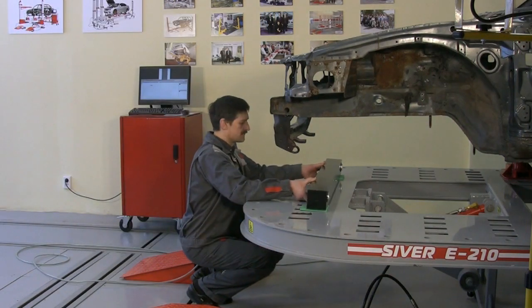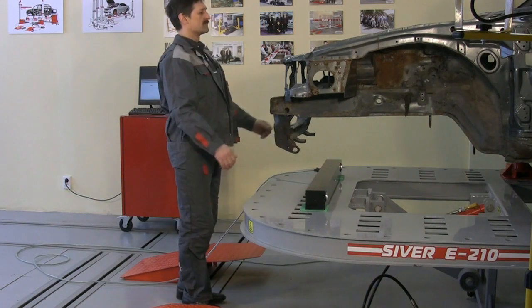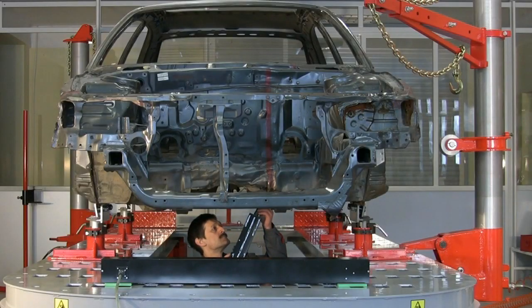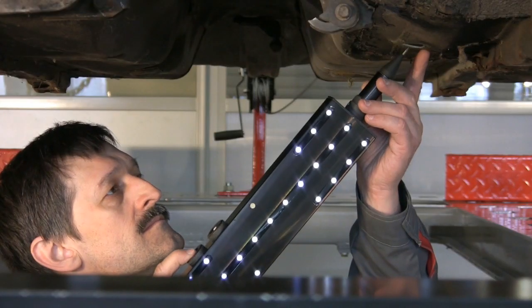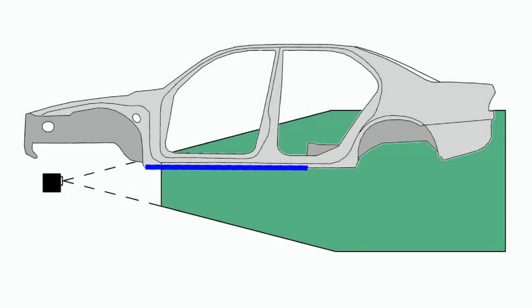First of all, let's position the measuring beam on the platform under the vehicle's front section. We are beginning to prepare the measurements of the underbody points. In the central section, it is suitable to use the regular probe. But to measure this and this point, it is necessary to use the movable probes.